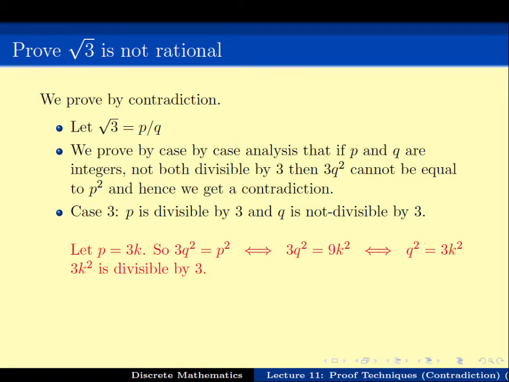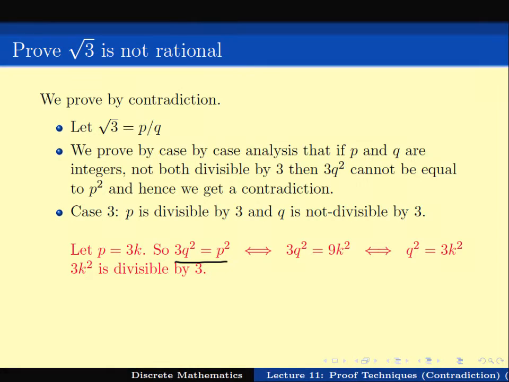So 3q square equals p square is the same as 3q square equals 3 times k whole square, because I assume that p equals 3k. So 3q square equals 9k square, which is the same as q square equals 3k square. Now 3k square is of course divisible by 3, because 3k square has a 3 in it.